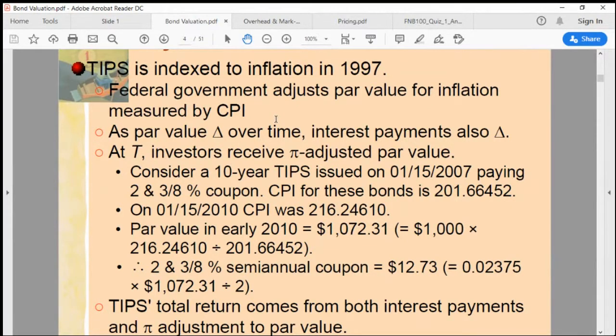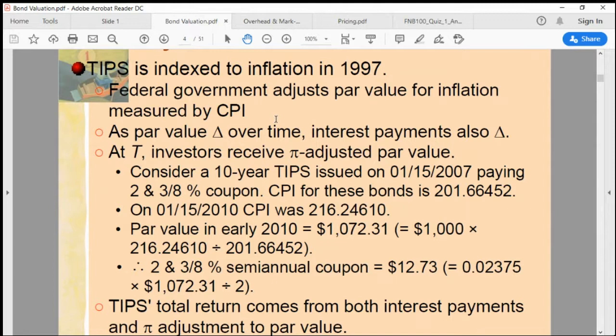And then the GDP deflator, right? And these days, they also use quite frequently the Personal Consumption Expenditure Index, PCE, or what they also call core CPI.